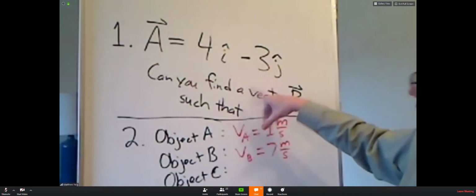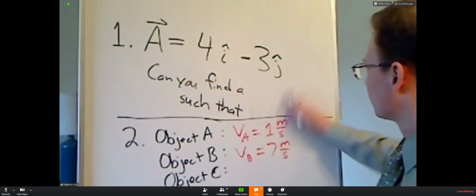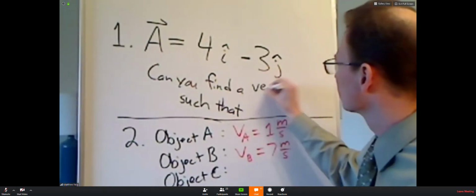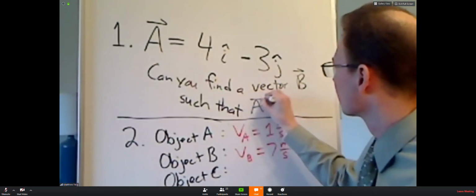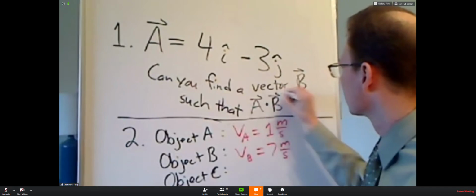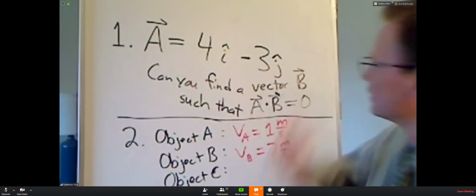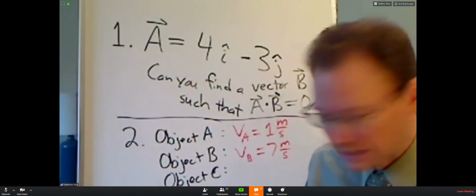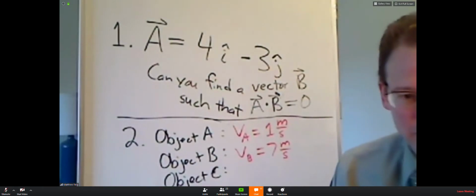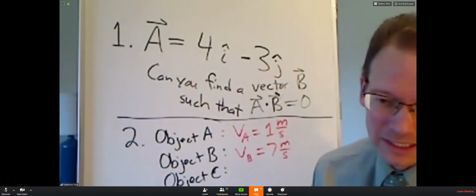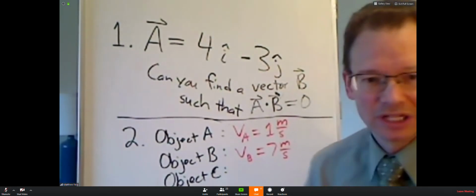I want you to think about these two problems for a little bit. I'll rewrite the A dot B equals 0. And then we'll talk about these two. I think that'll take about 10 minutes, maybe from now till having talked about these two. And then we'll move on and look at some more involved conservation of energy kind of questions.